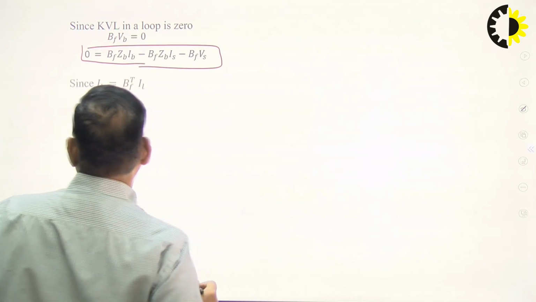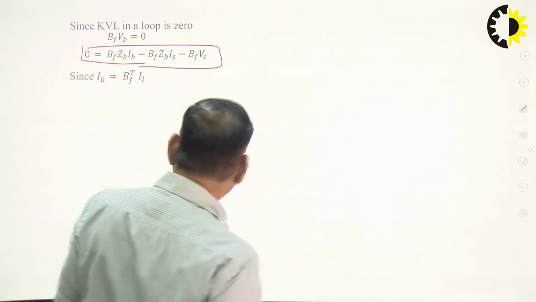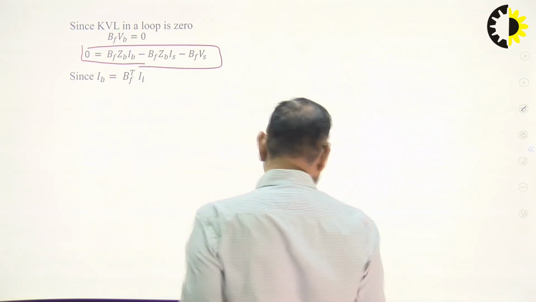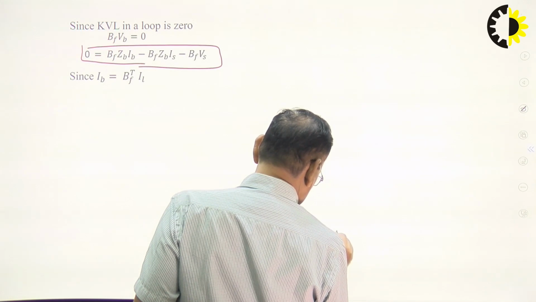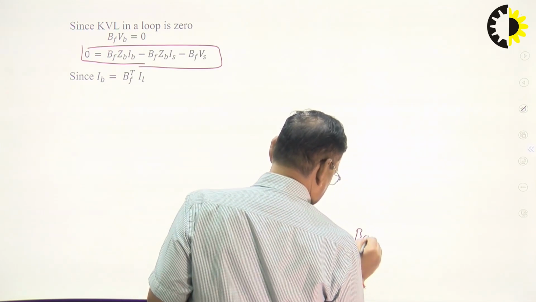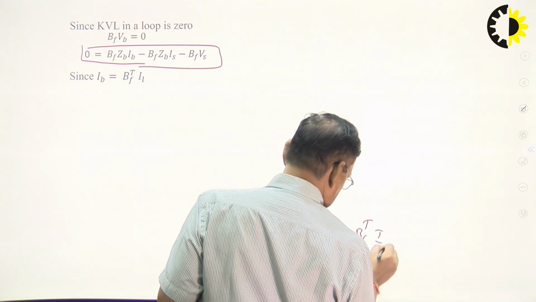We also use one more relation: IB is equal to BF transpose into IL.